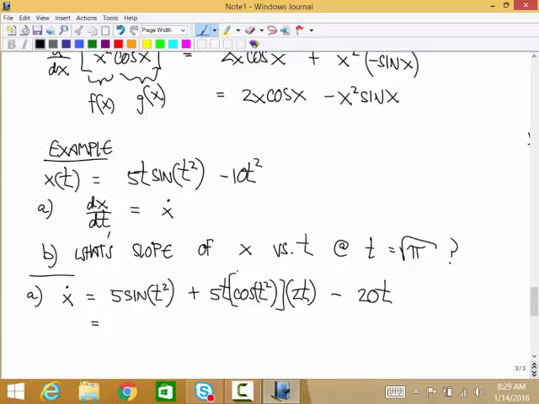So if I simplify this, I get 5 sine t squared plus 10 t squared times cosine of t squared minus 20t. Anybody have any questions about any of those steps?